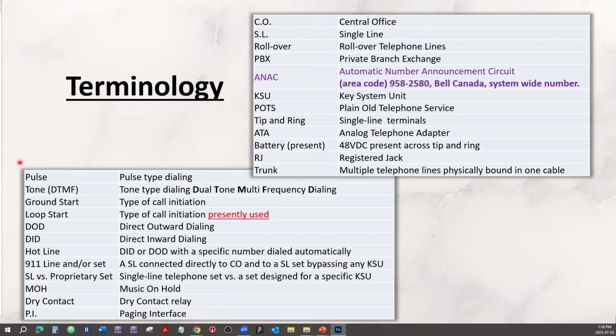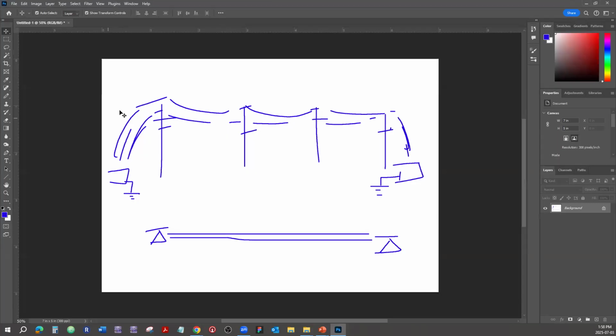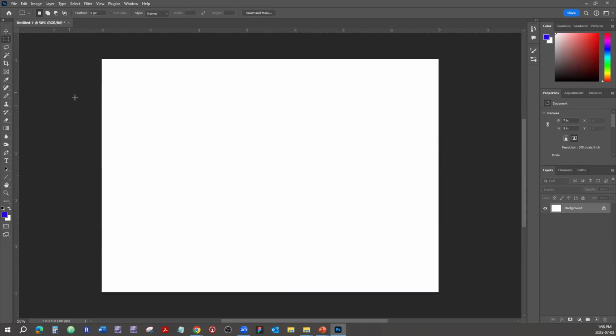Now I've got to give you some board here. Let's say a company has purchased line 1, line 2, line 3, line 4, line 5, and line 6.